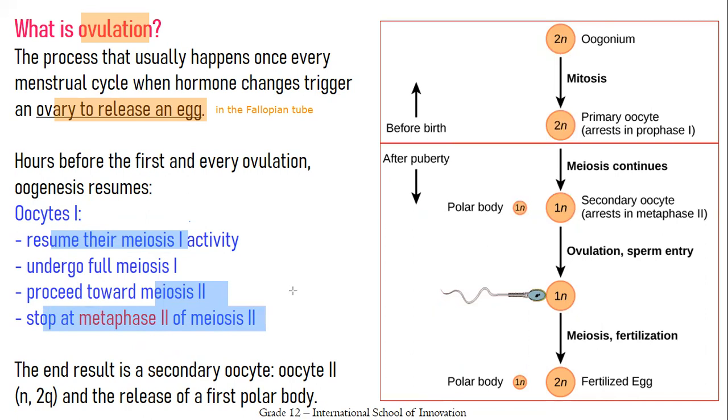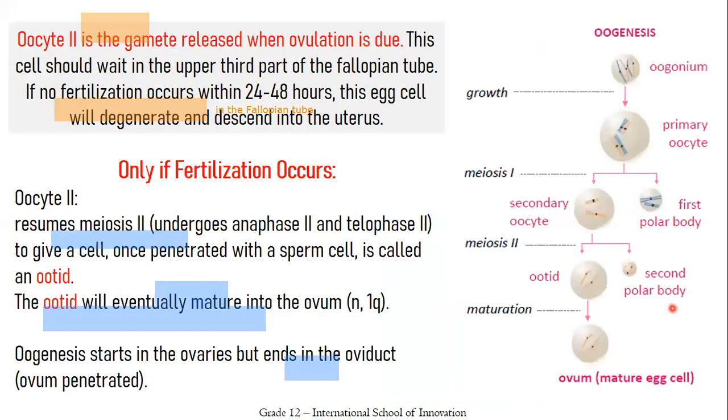So each month we have an oocyte 2, which has N chromosomes having 2 chromatids. Since these cells finished meiosis 1 only, and they moved toward meiosis 2, but they were stopped at metaphase 2. Now, ovulation is the release of oocyte 2 in the fallopian tube.